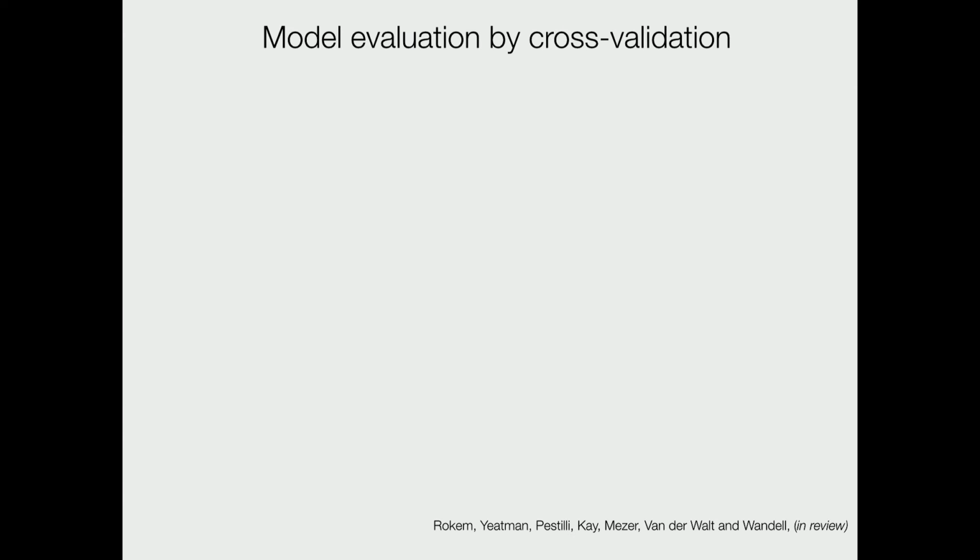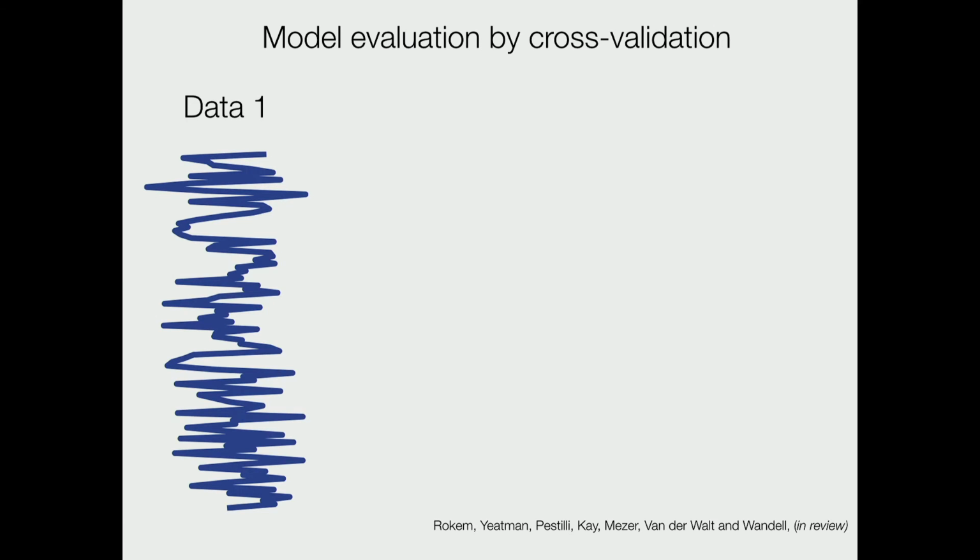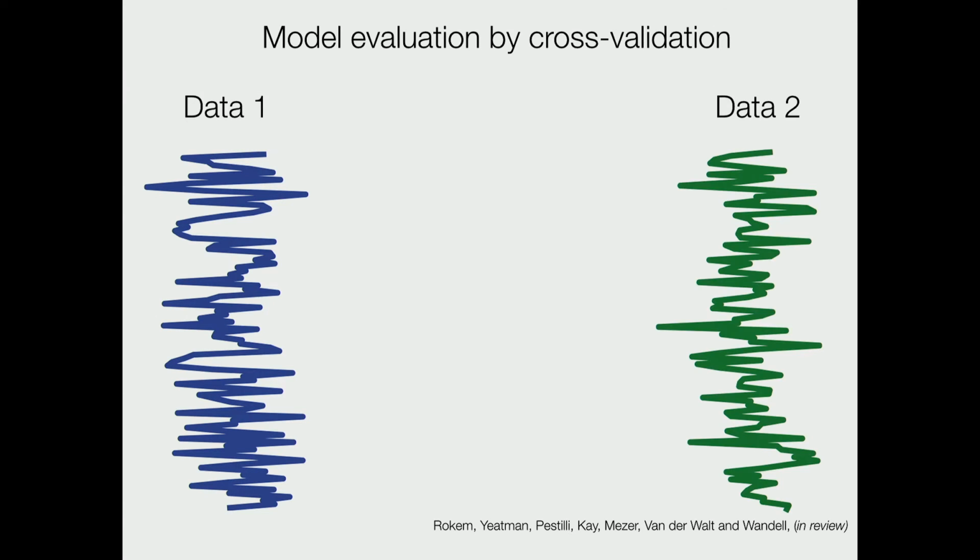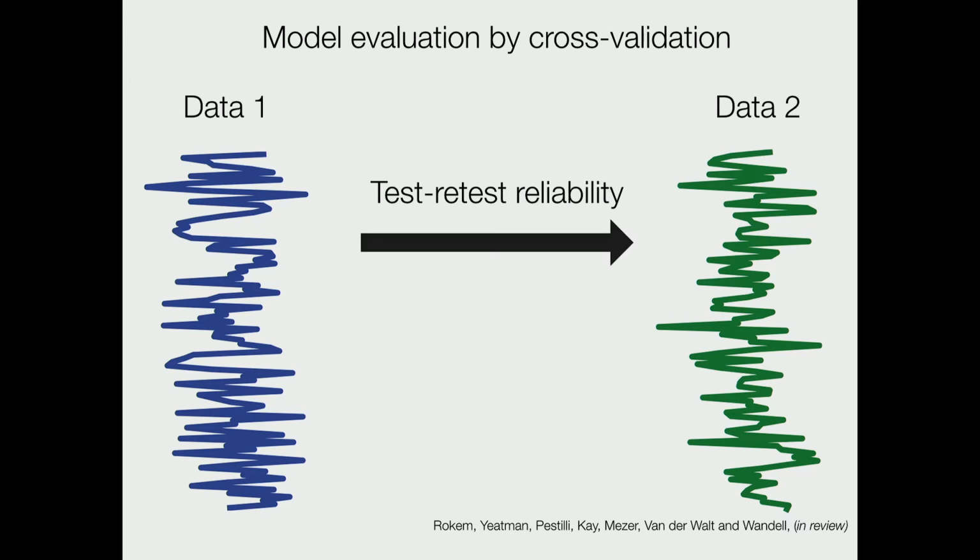One of the ways that we use is cross-validation, and it's a rather simple idea. If you have two measurements, you can do one simple thing, which is just ask how does that measurement repeat itself? What is the test-retest reliability? So this, say, is the data in one voxel across 150 different directions of diffusion gradients.